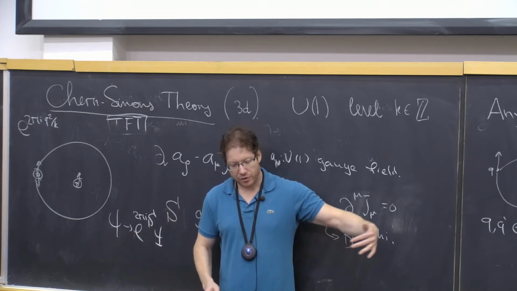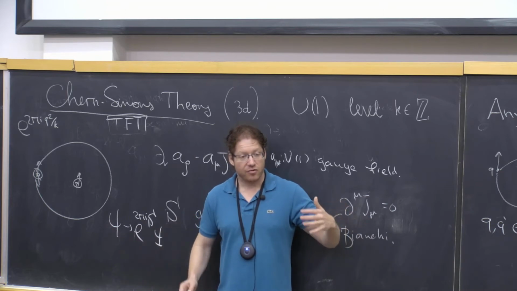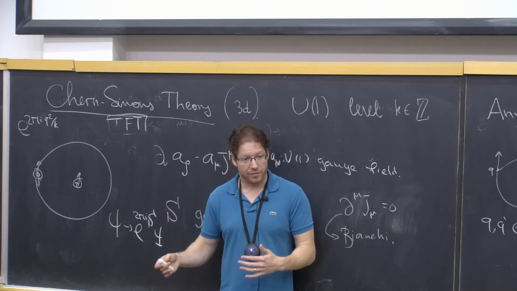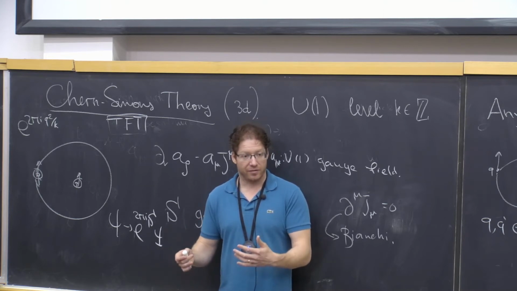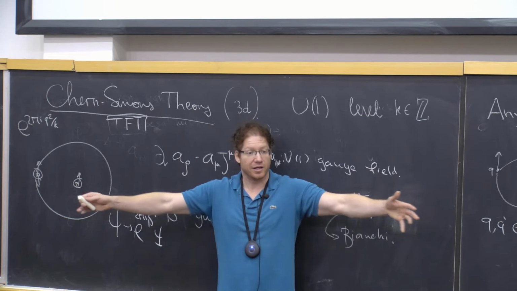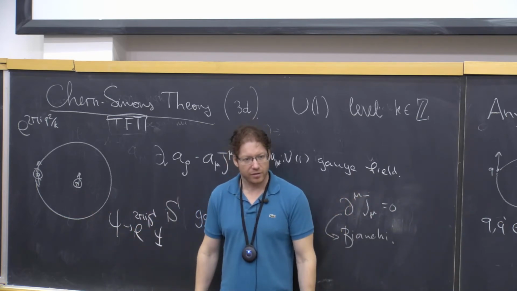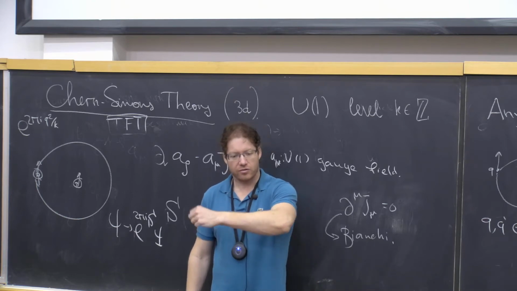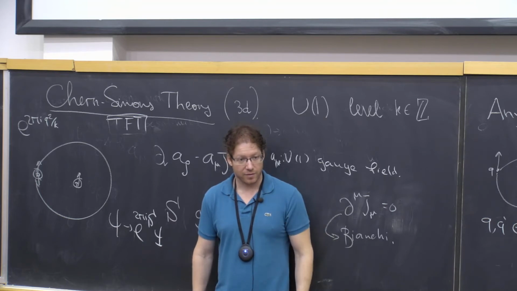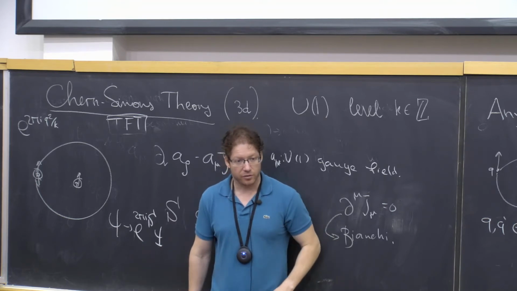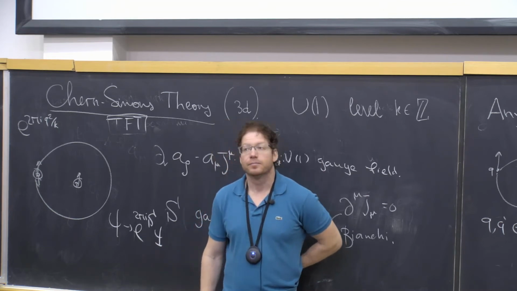In Chern-Simons theory, you cannot turn on an electric field throughout space because the electric field is a slave of the particles. There is no massless gauge field. The gauge field is massive, so you cannot turn on a small electric field throughout space. That would cost infinite energy in Chern-Simons theory. You can only turn on electric fields that live on top of the particles, and they're just a sum of delta functions. It's very counterintuitive at first. You have to get used to this. Okay? Any other questions?